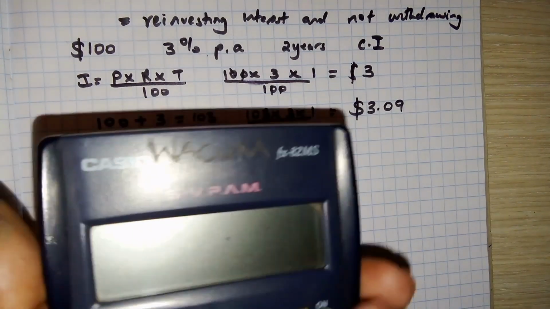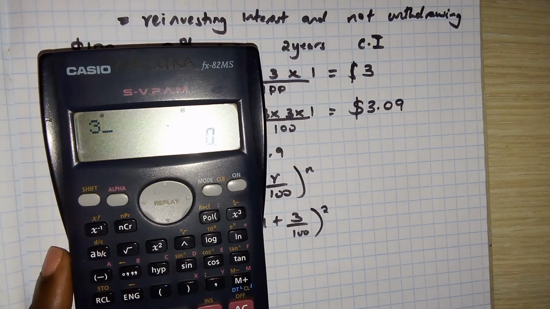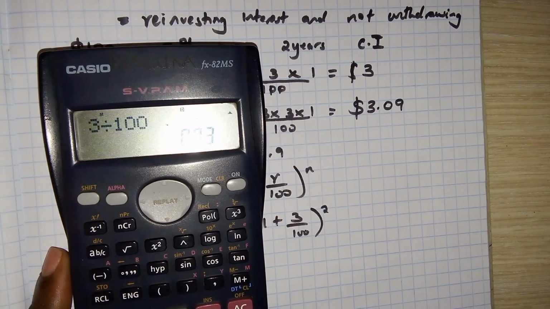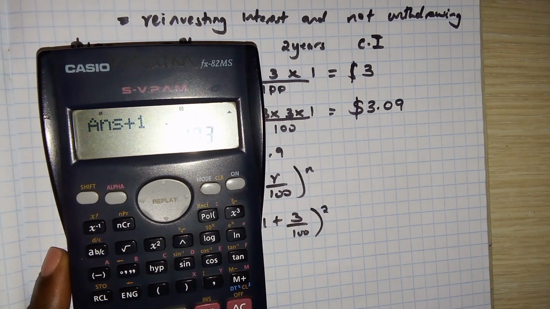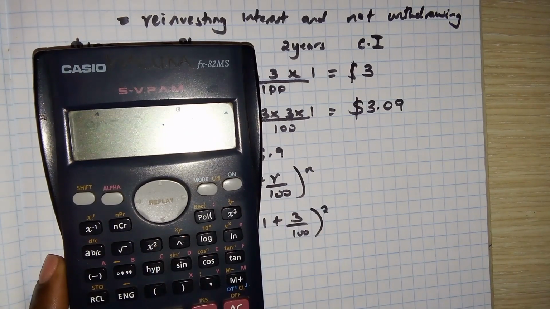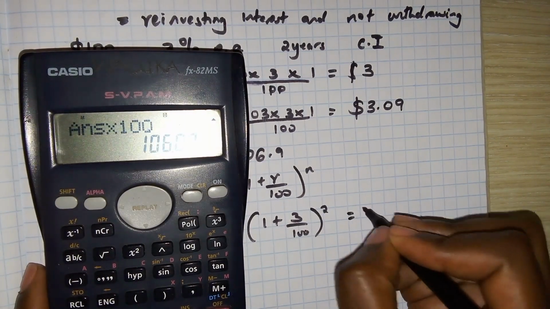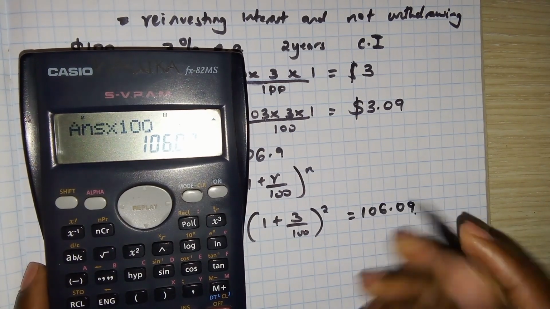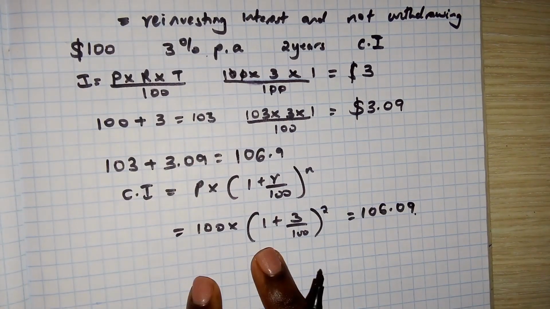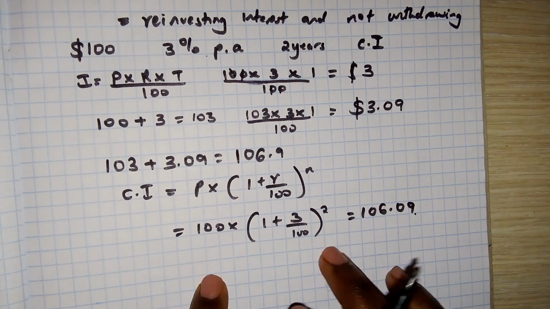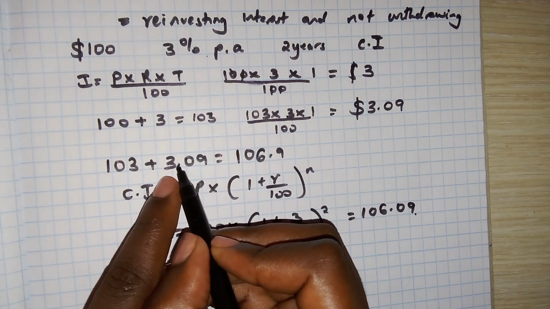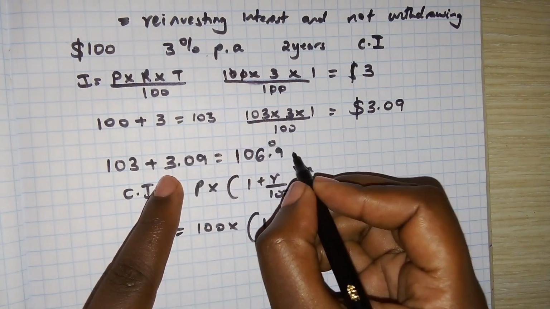So we start with 3 divided by 100 plus 1, then power 2, times 100. So this was 106.09. So this is just a shorter way of doing this one. So sorry, this one was 3.09, so here there's a 0.